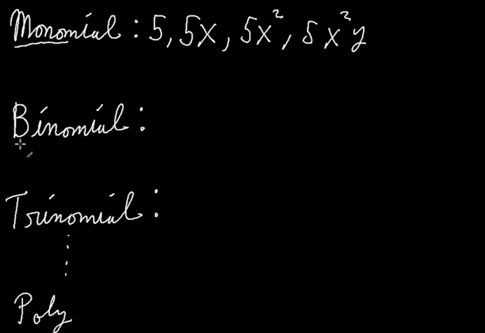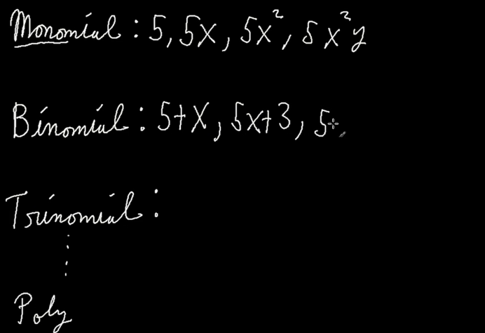Now, a binomial, bi meaning 2, like bicycle, is going to be something that has 2 terms, okay? So something like 5 plus x would be considered a binomial. 5x plus 3 is a binomial. Notice there's a lot of things here. There's a 5, an x, and a 3, but this is considered a binomial because it has 2 terms.